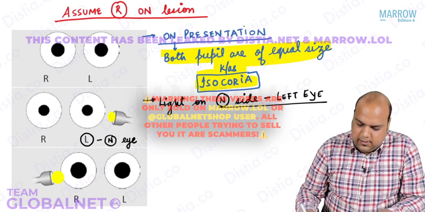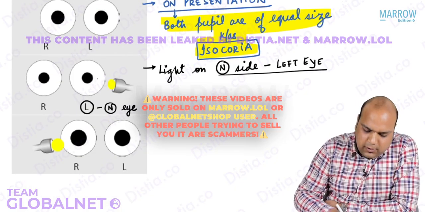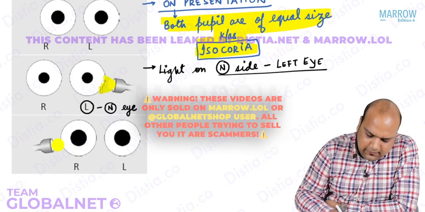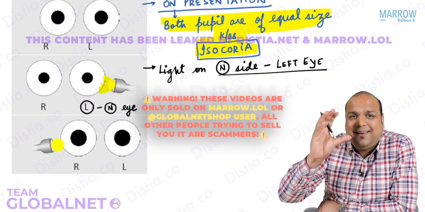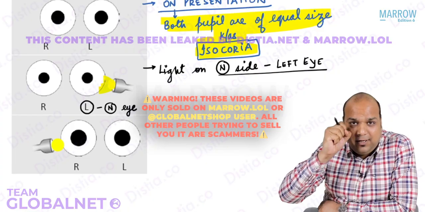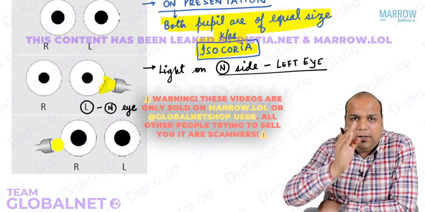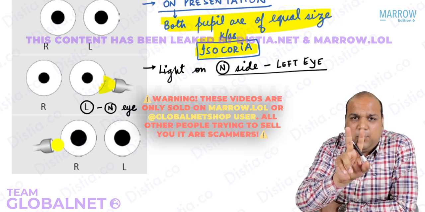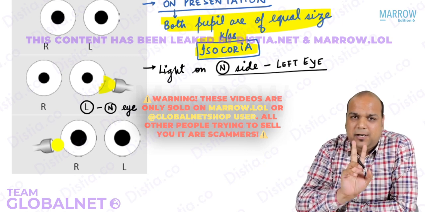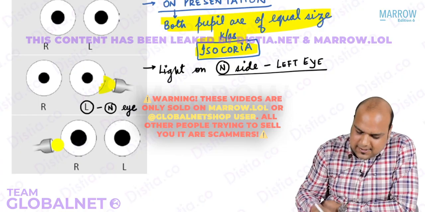Now, as soon as we have thrown a torchlight, everybody, you can see on the left eye, what do we see? That both the pupils have constricted further due to light on the left eye. Again, the same pathway: left optic nerve, left optic chiasma, left optic tract, left pretectal nucleus, both Edinger-Westphal, both oculomotor, both ciliary, both short ciliary nerve, both pupils get constricted.